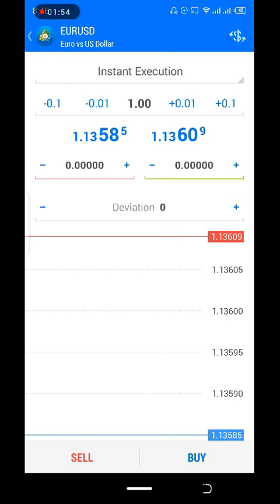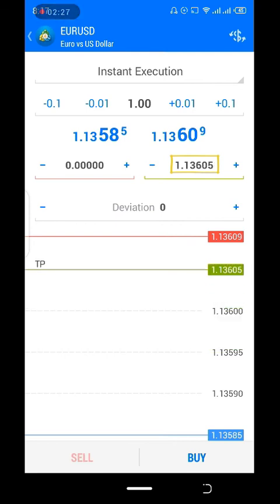So this is where you're gonna input. This is where take profit and stop loss come in. Now, if you want to place your target level of $10 profit, you're gonna input the value here. This is where your target profit is. As you can see, this is moving because it's moving the TP, which is take profit, to this level.